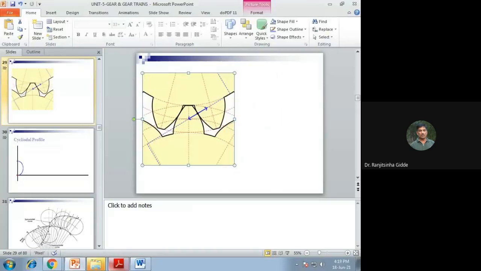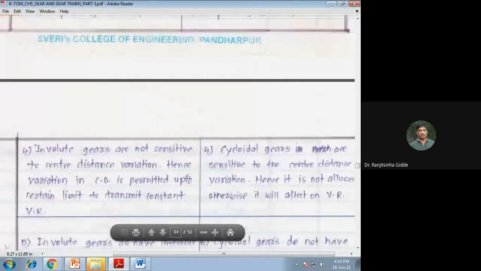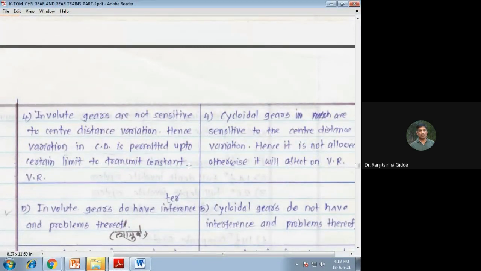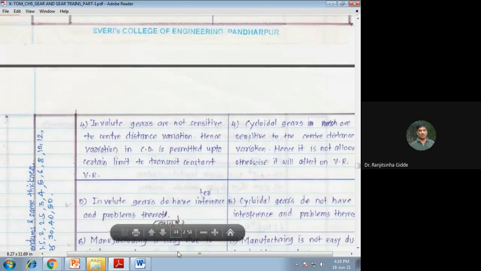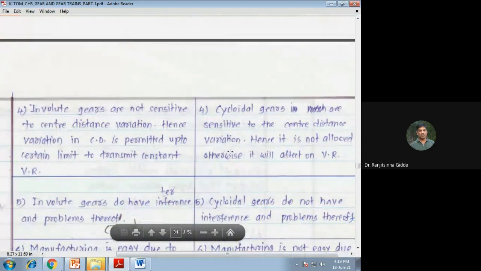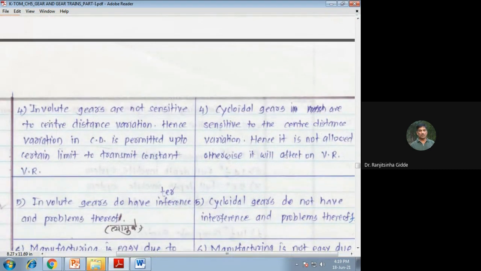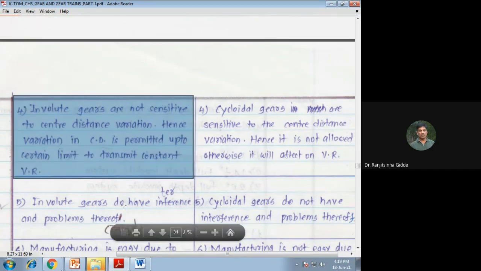Okay. Then write down the next difference, number 4. For involute gears, involute gears are not sensitive to center distance variations.